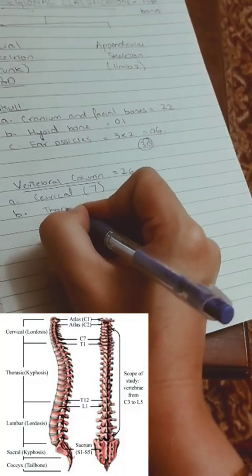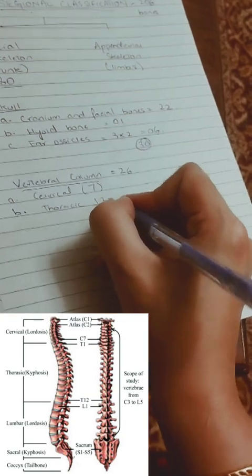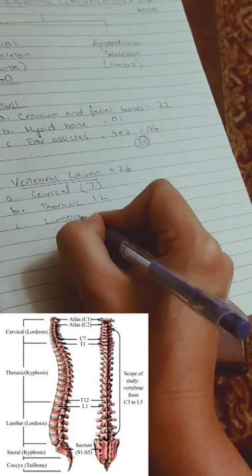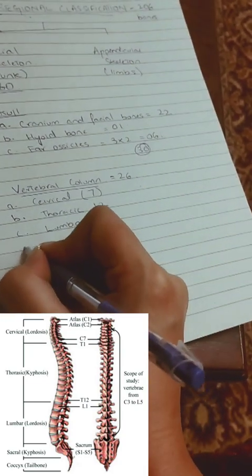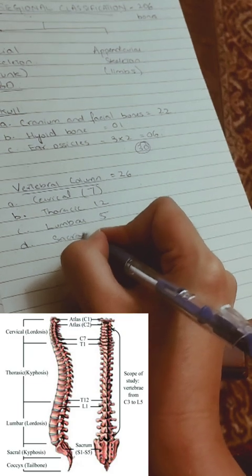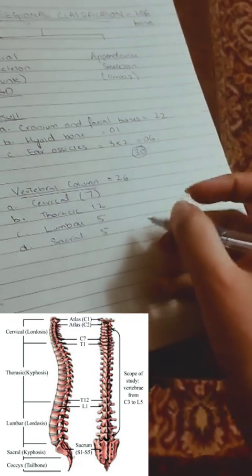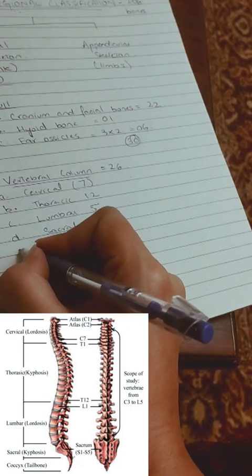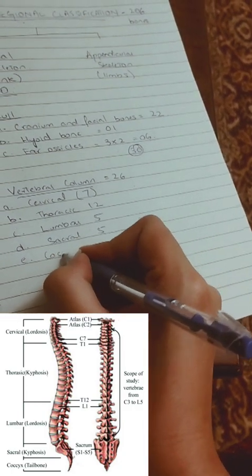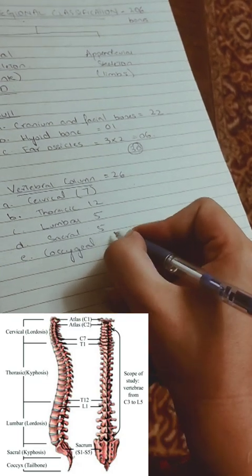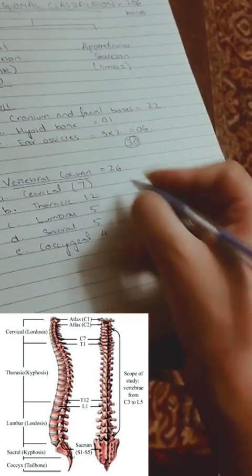Then there are 12 thoracic vertebrae. Then there are 5 lumbar vertebrae. Then there are 5 sacral vertebrae, but they fuse to form one single bone in an adult. And the coccygeal vertebrae are also 4 in number, but they also fuse to form one.